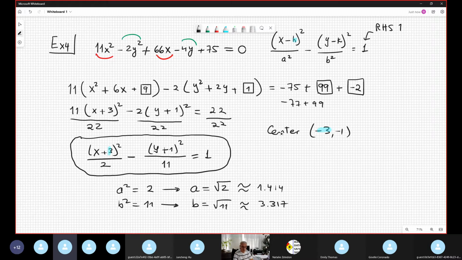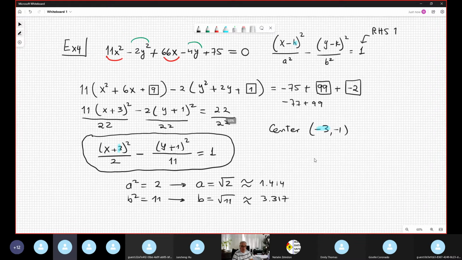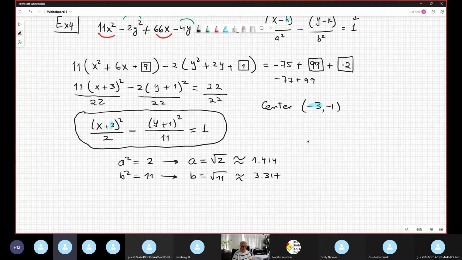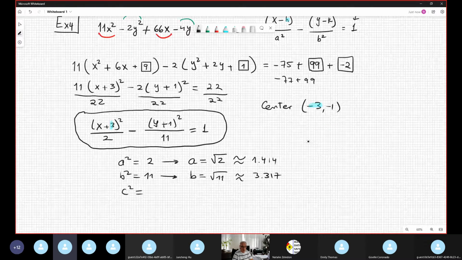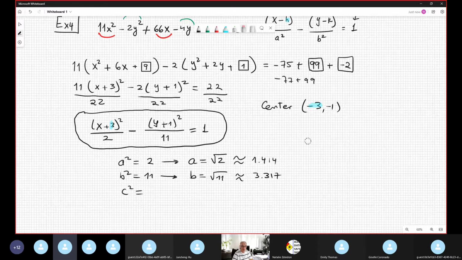And you compute, for example, c squared. I don't put this in my calculator, just on my paper. I don't know why. C alone, no, c squared, is a squared plus b squared, 2 plus 11, which is 13, no?